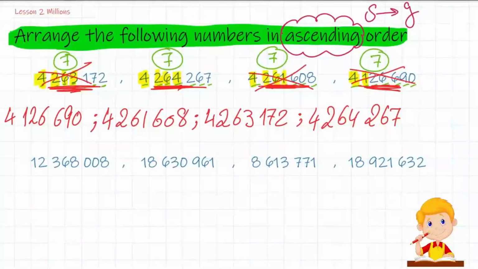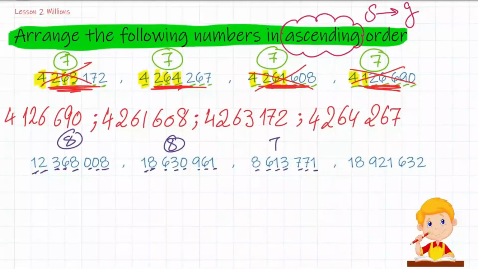The first step, you have to count the number of digits of each number here. Okay, so we have here 1, 2, 3, 4, 5, 6, 7, 8. So let's write 8 here. 1, 2, 3, 4, 5, 6, 7, 8. We have 8 digits here, and we have 1, 2, 3, 4, 5, 6, 7.